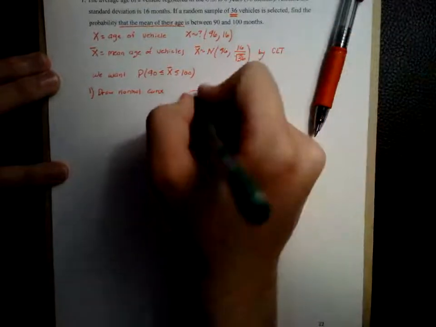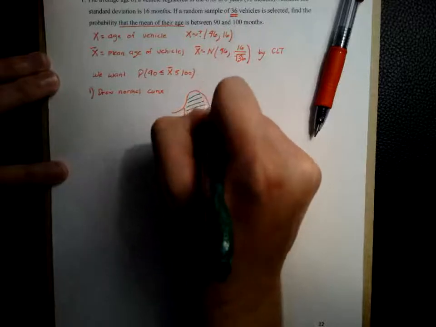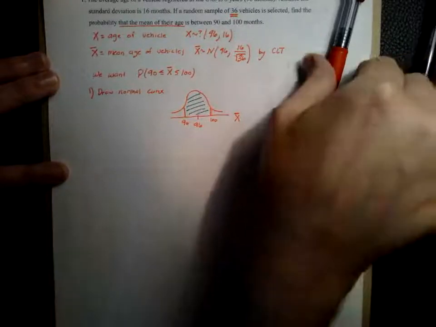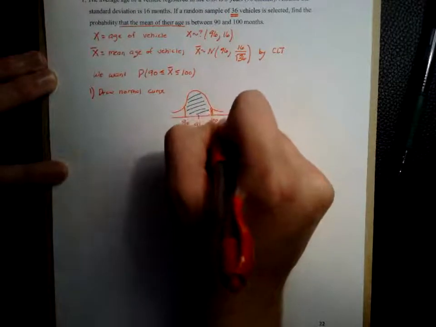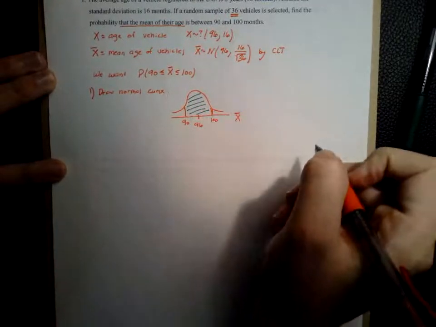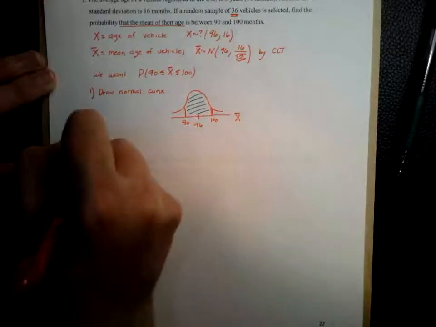That means we're interested in the area in the middle right here. Then we can find it by finding the z-score associated with the sample mean of 100 and the z-score with the sample mean of 90.